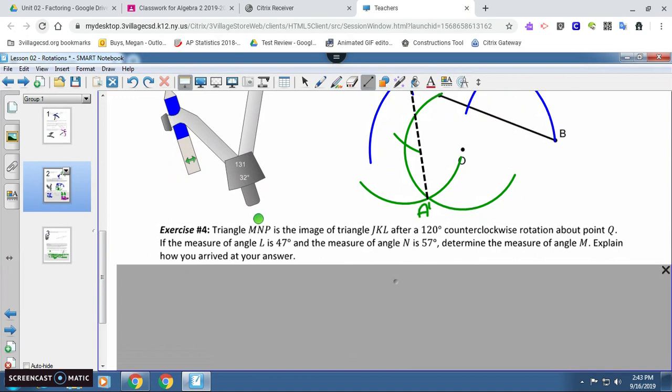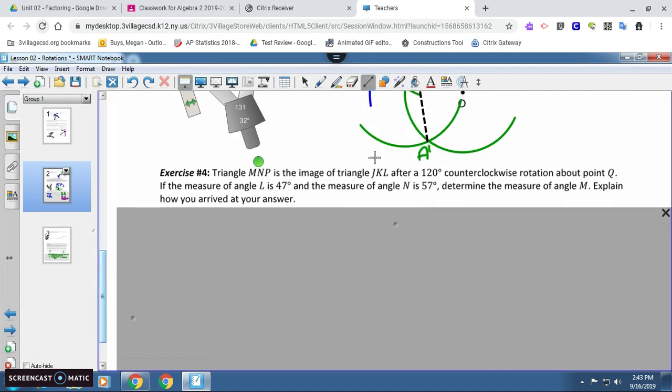Determine the measure of angle M and explain how you arrived at your answer. So there's two big things that we need to take out of today's lesson and yesterday's a little bit as well. One is that we know now that triangles add to 180 degrees. What we also know is that rotations preserve angle measure. So let's use that here.